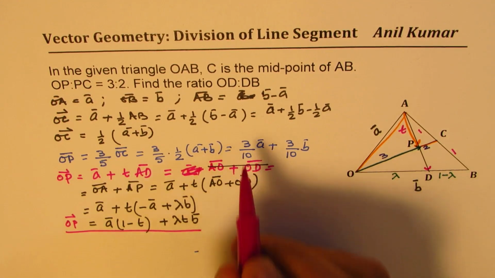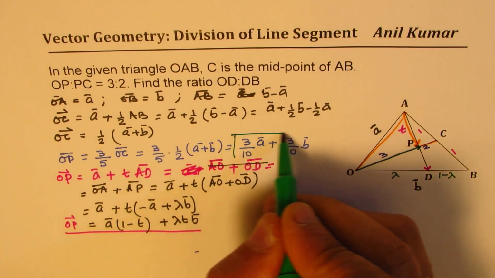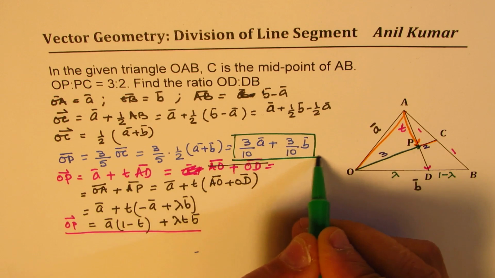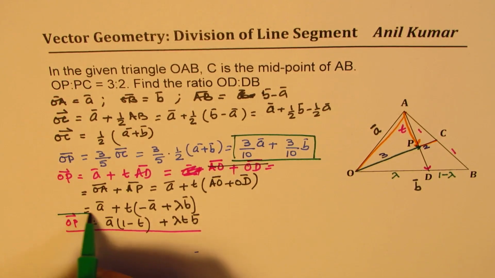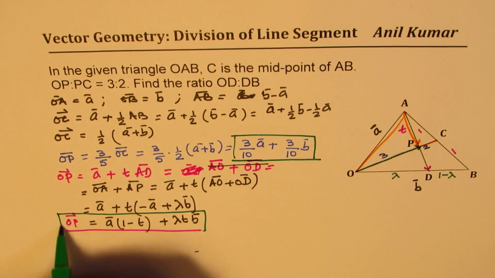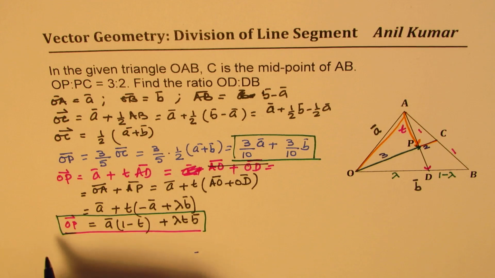The first one was here, right? So we have one value for OP, which is 3 over 10 A plus 3 over 10 B, and here we have all this. Now, to get the value of lambda and t, we have two variables, correct? So what should we do? We'll compare coefficients.